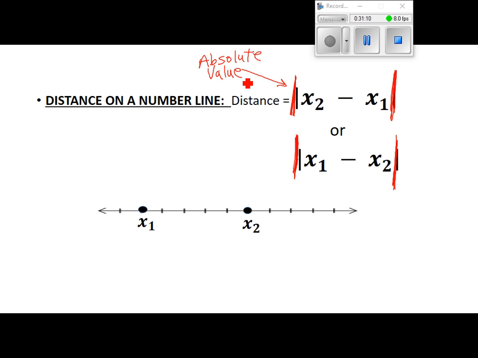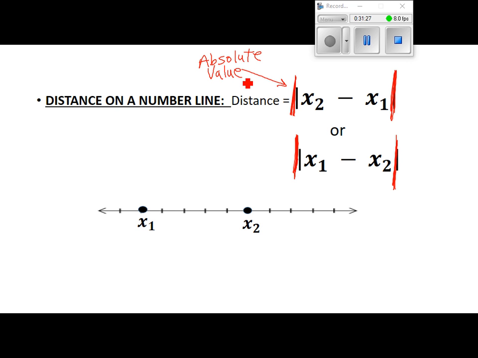What do these little numbers here tell us, the 2 and the 1? There's 2 different ones, right?